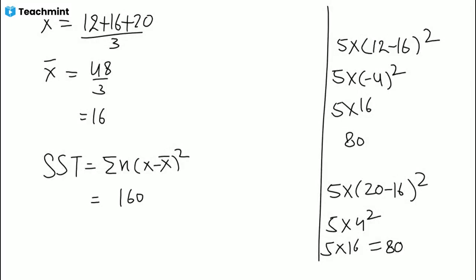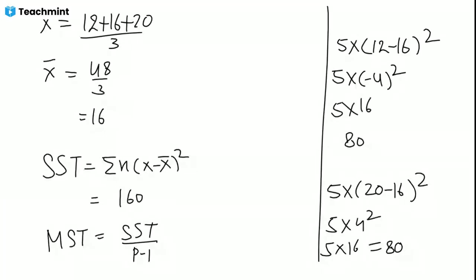Okay, now MST is equal to SST over small p minus 1. So p is 3 and SST is 160.